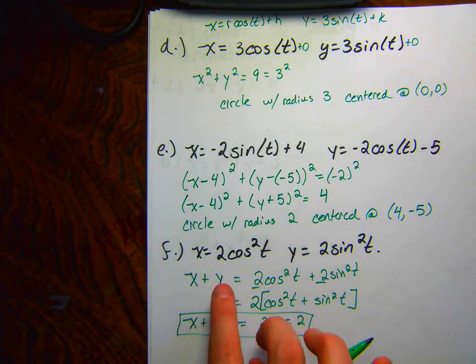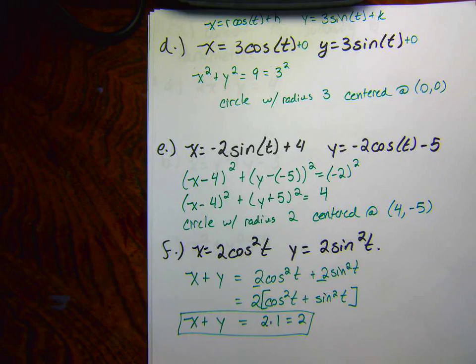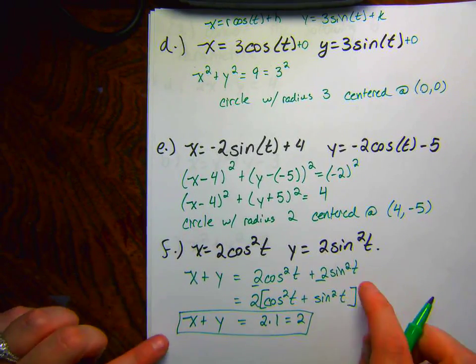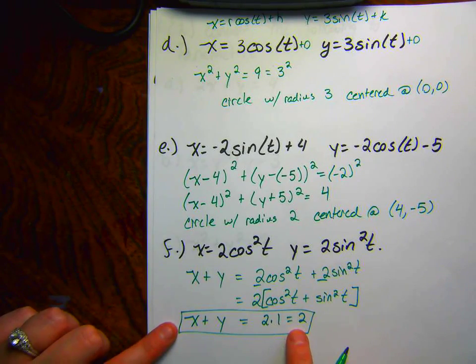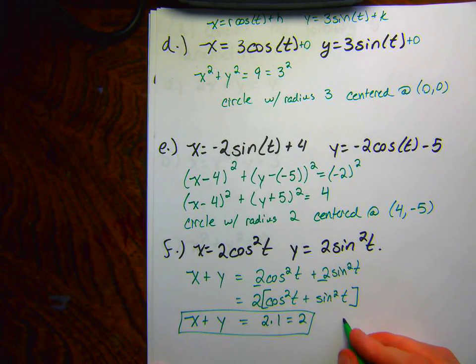Go ahead and pull out your calculator and graph this in parametric form, and see what kind of graph you get, and see if it matches up with this. So if you graphed it, what you should have seen is a line. x plus y equals 2.